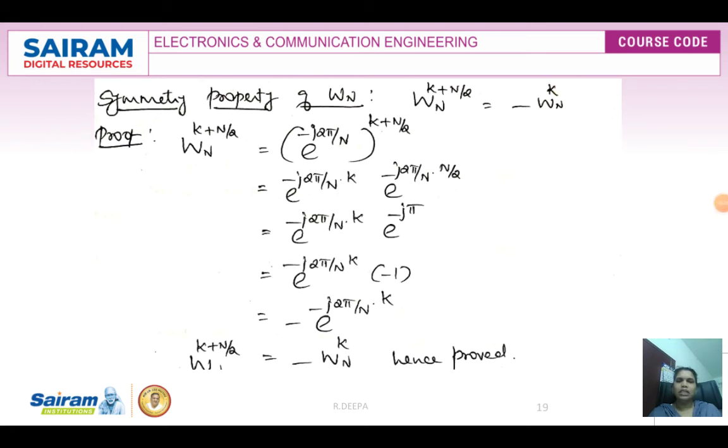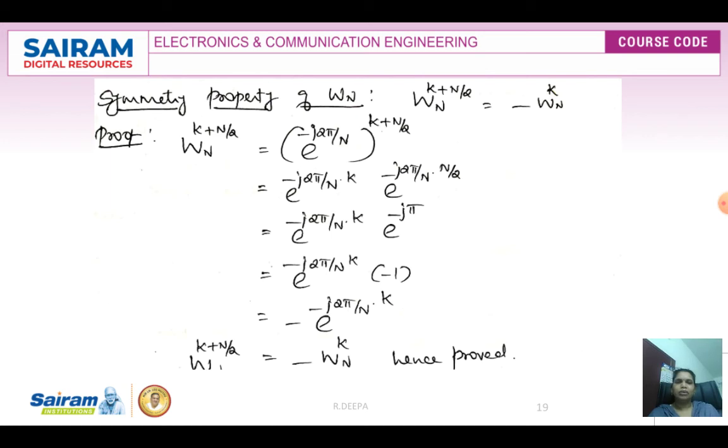And this k plus N by 2 we will just multiply and segregate it. So it becomes e power of minus j 2 pi by N into k, and the other term is e power of minus j 2 pi by N into N by 2. So we'll simplify: N will get cancelled for the second term and 2 also will get cancelled. So finally you will be getting e power of minus j 2 pi k by N into e power of minus j pi.